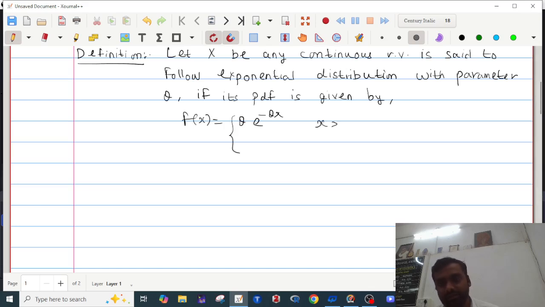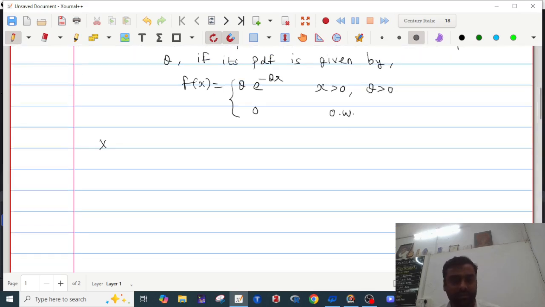For x positive, and 0 otherwise. Its notation is X follows exponential distribution with parameter theta.